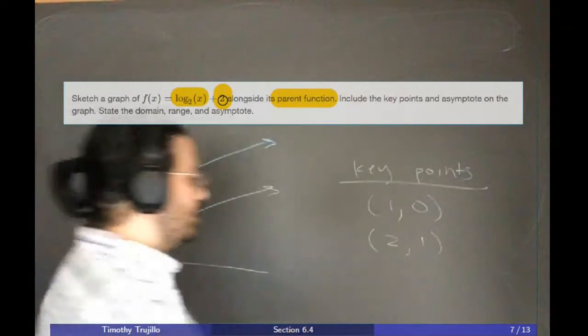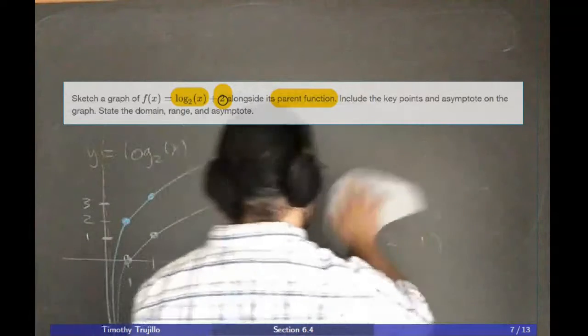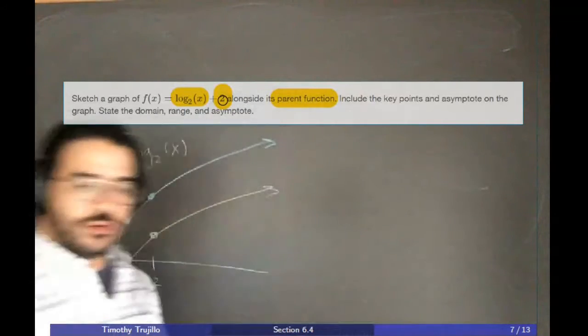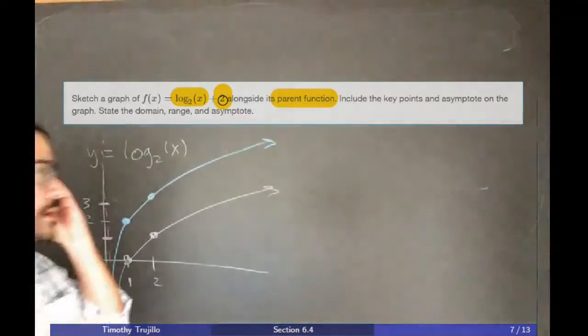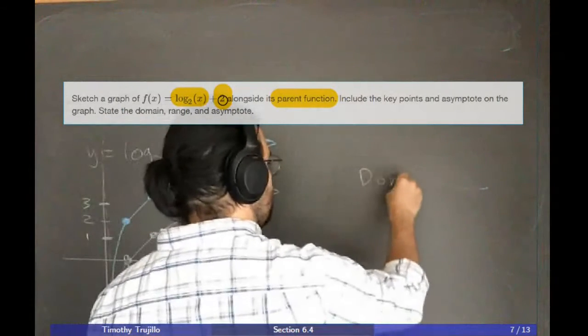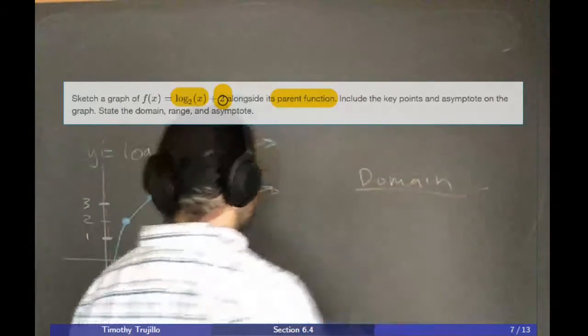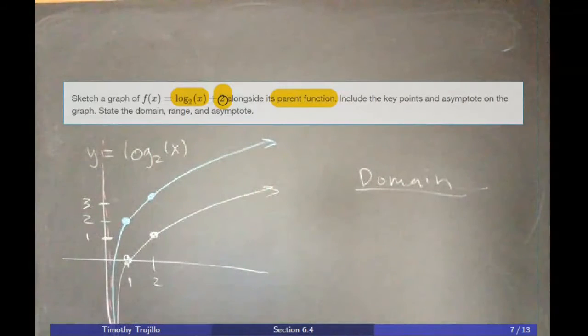And now we can go ahead and write down the range, the equation for the vertical asymptote, and the domain, right? So the domain here is maybe the hardest to think about. What's the domain in this picture? What can we plug in for x? And we'll think about it in interval notation.